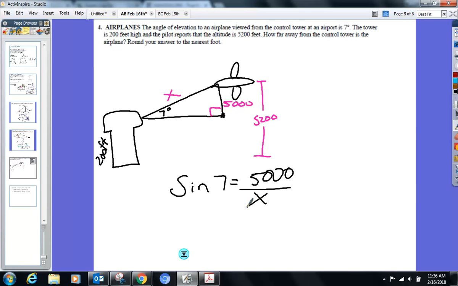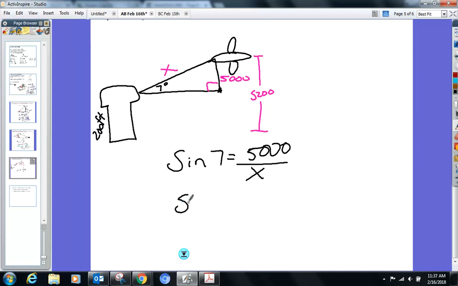You will find that this plane is pretty far away from the control tower.